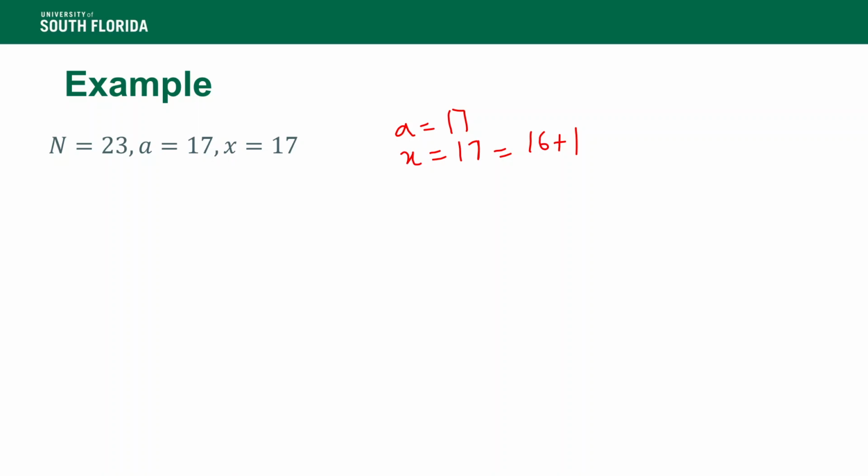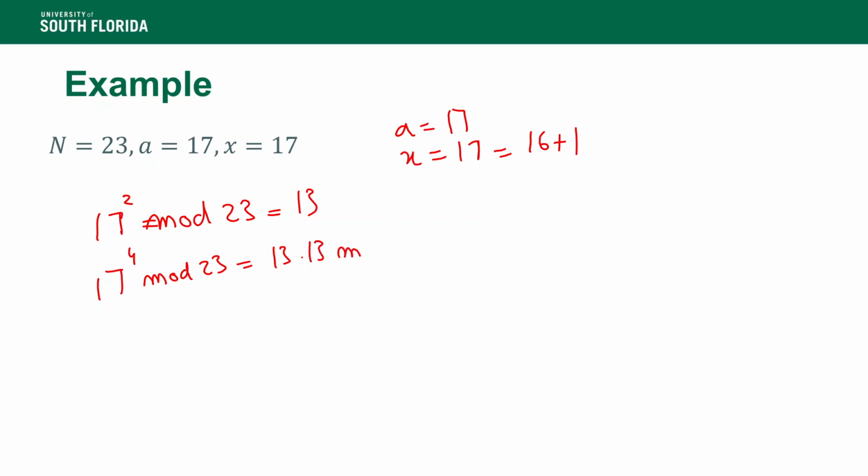So here we have that 17 to the 2 modulo 23 is equal to 13. Now 17 to the 4 mod 23, efficiently I can do it by saying this is also the same as 13 times 13 mod 23, and that is equal to 8.